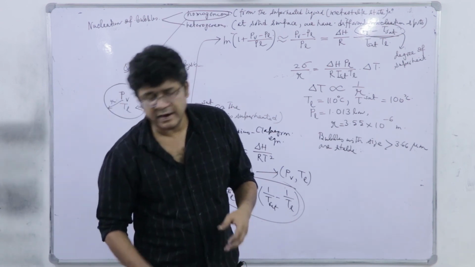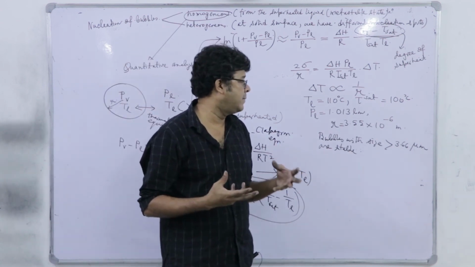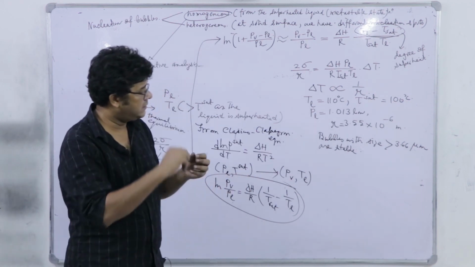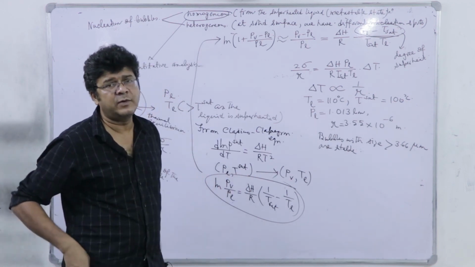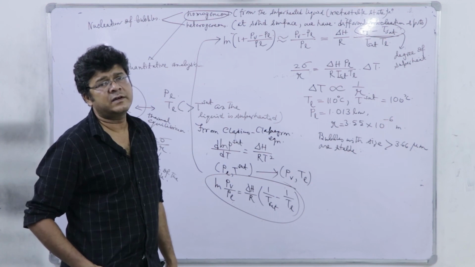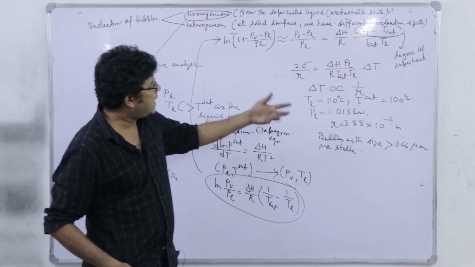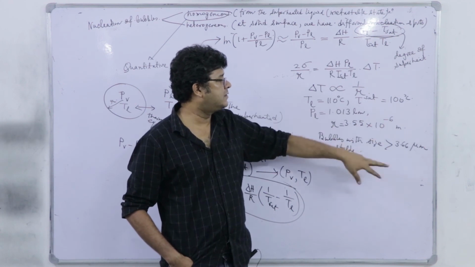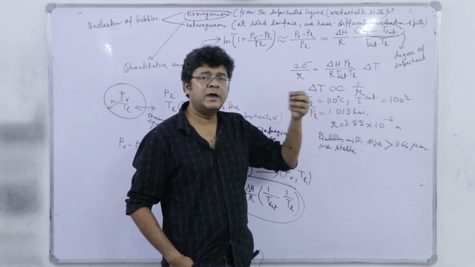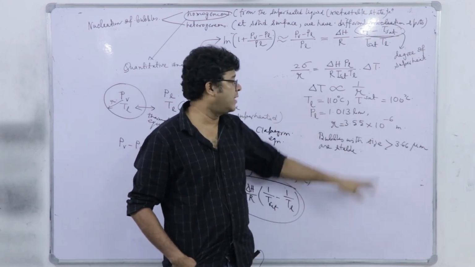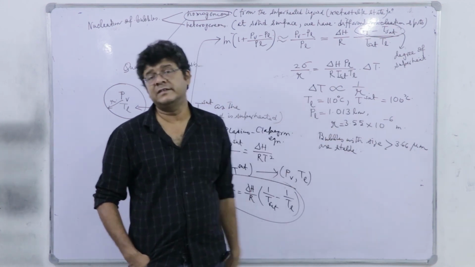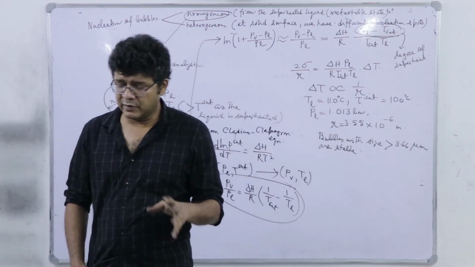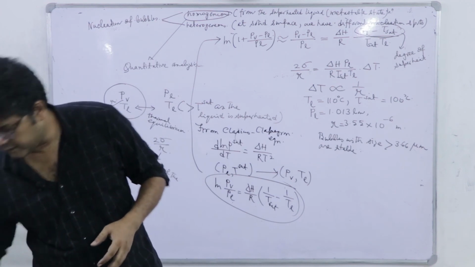This heterogeneous nucleation, the curvature induced boiling at local scratches or pit holes, favors boiling even at much lower excess temperature, where a bubble size much lower than this will still sustain. So that's all about this boiling process.